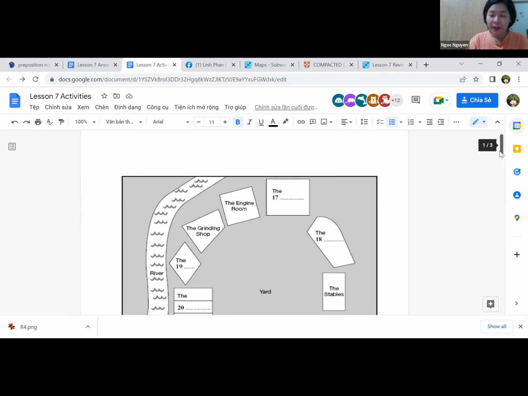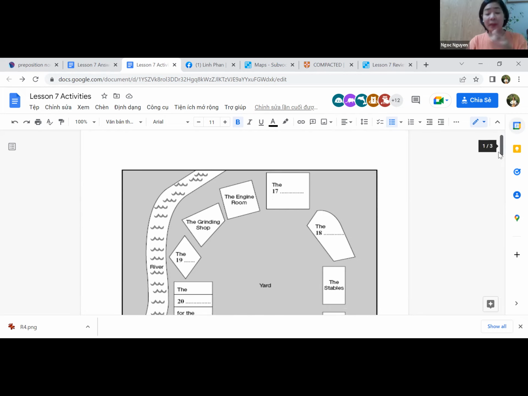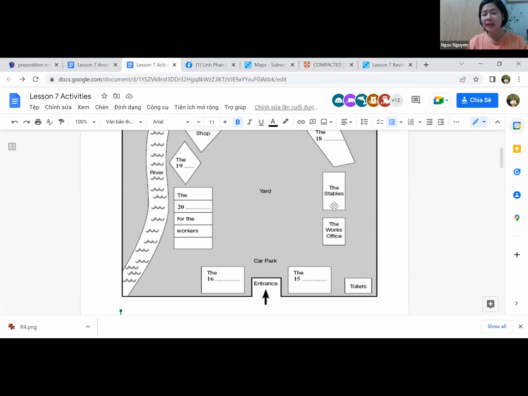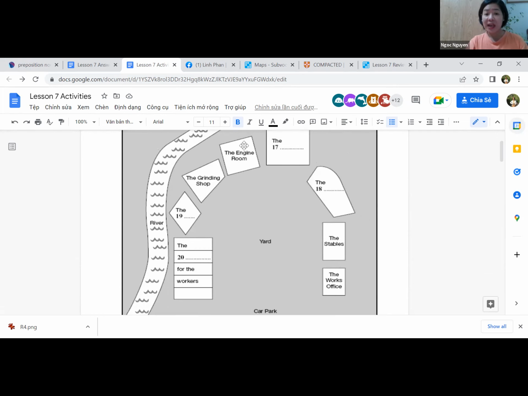Also, say the name, remember the word sub-vocalization. Sub-vocalization means you say words silently in your head because you don't want to make noise in a listening class, right? You don't want to disturb other students who are focusing on their task. So say the word silently in your head. Look at the given words like the stables, the entrance, the works office, or here we have the engine room or the grinding shop.